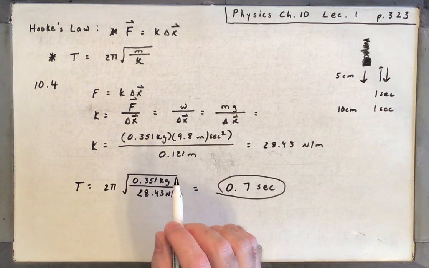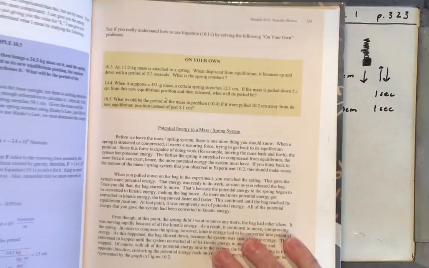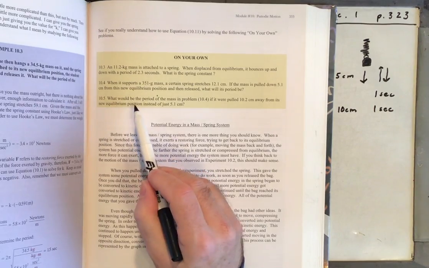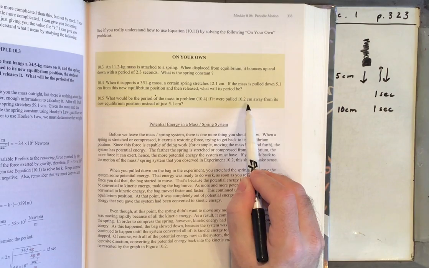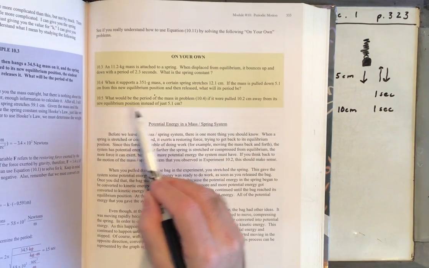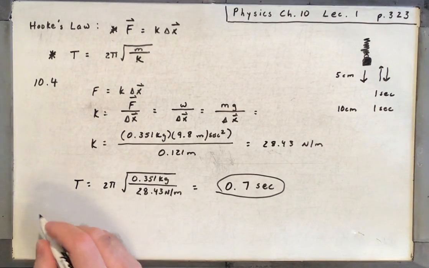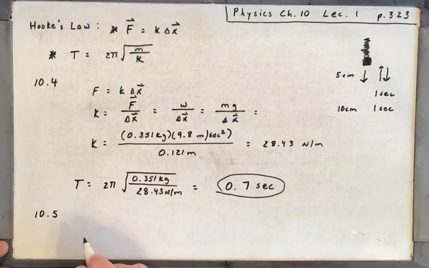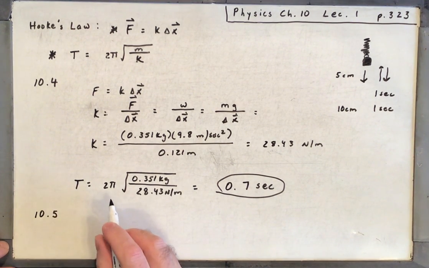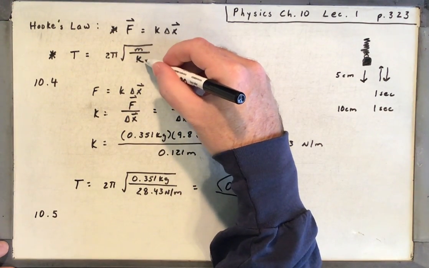Okay, and then the last problem that we will work on this lecture is on your own, 10.5. So it says, what would be the period of the mass in problem 10.4 if it were pulled down 10.2 centimeters away from its new equilibrium position instead of 5.1? Well, it's going to be exactly the same. The amount that you pull it down with that additional force away from equilibrium is irrelevant to the period. The period doesn't include a delta x in it.